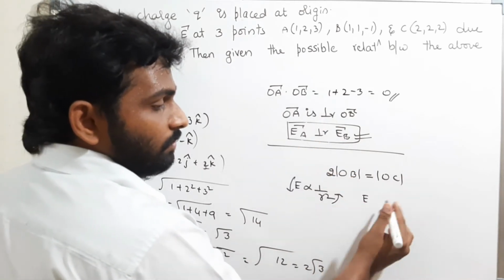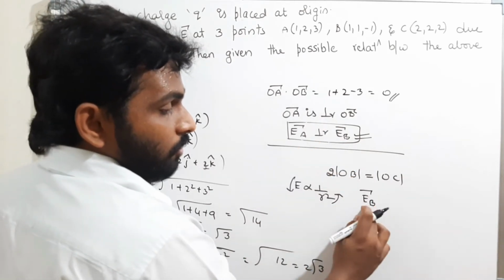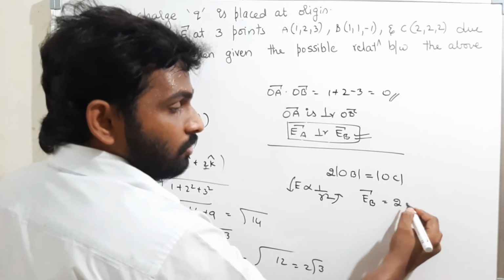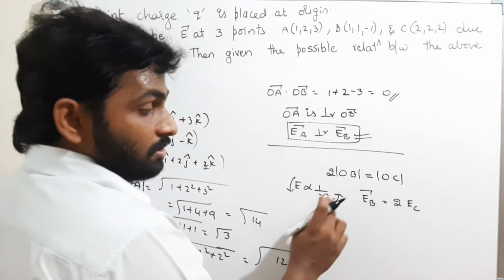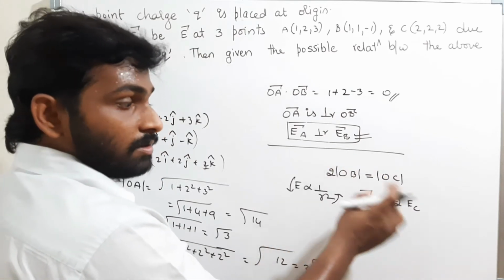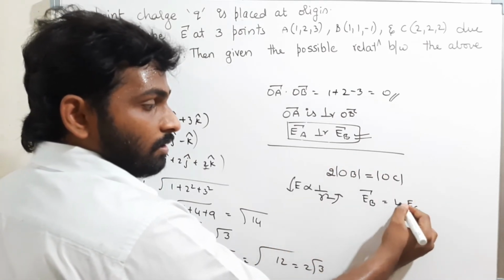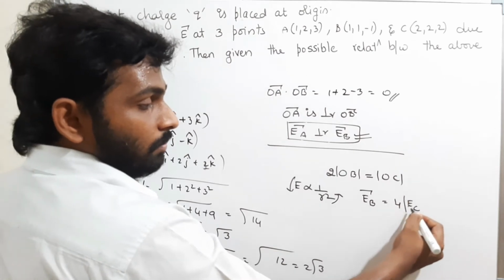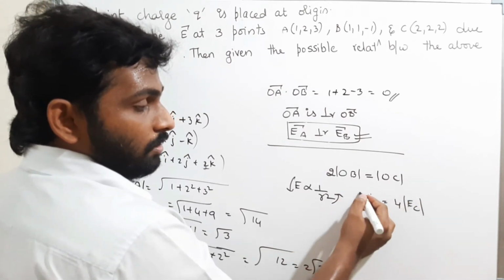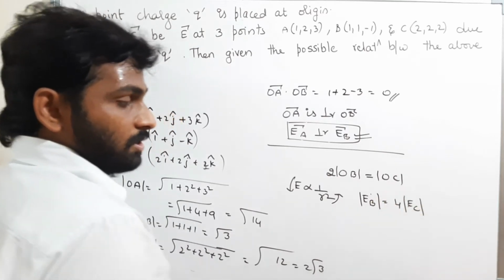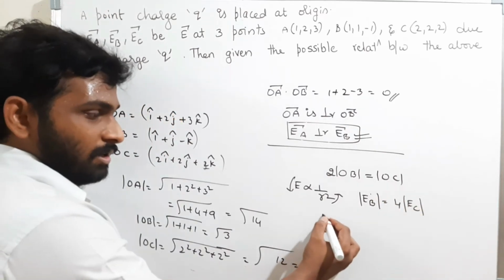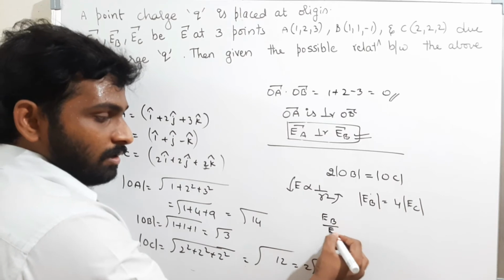Therefore, the electric field at point B is equal to some multiple of the electric field at point C, and it goes as R square. Therefore, 2 square is 4. So the magnitude of the electric field at point B is equal to 4 times the magnitude of the electric field at point C.